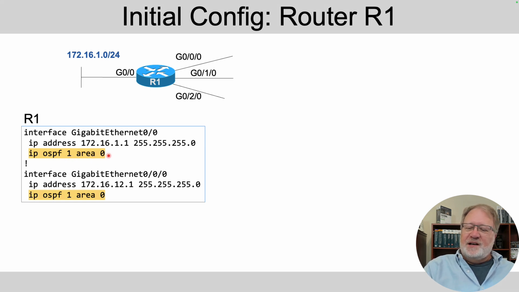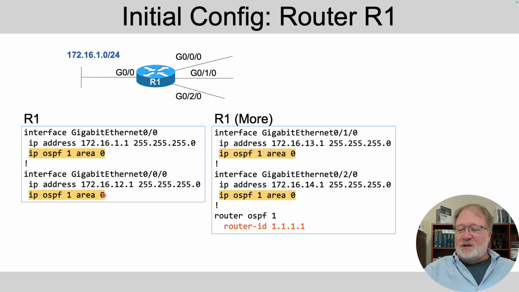So this puts interface Gig 0/0 in area 0. This command puts the next interface in area 0. And continuing in R1's config, this command places the next interface in area 0 and the next one. And finally, here's the OSPF process, and I pre-configured meaningful router IDs like 1.1.1.1 in all 4 of the routers.